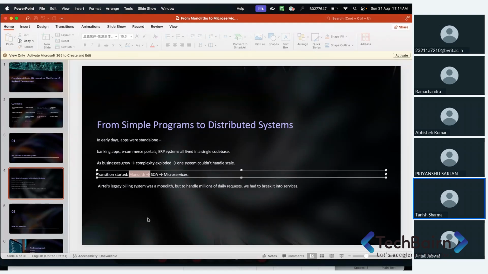Just to give a high level overview for SOA as of now: if your service gives 10 capabilities or 10 features, then we break down those 10 features into 10 services.